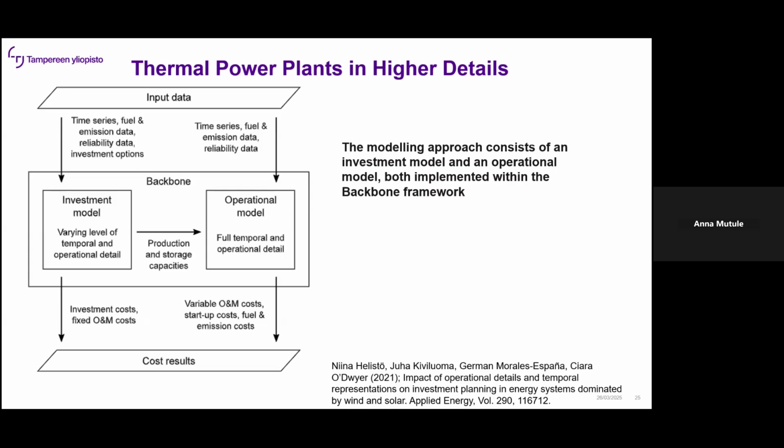As shown in the diagram, the modeling approach includes two phases. The first, the investment model, determines the optimal mix of production and storage capacities based on different levels of temporal detail and operational assumptions. Then those capacities are passed to the fixed operational model, which evaluates how the system performs in practice, including operational constraints and cost variability.